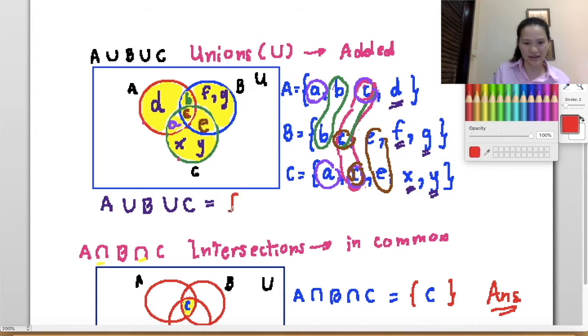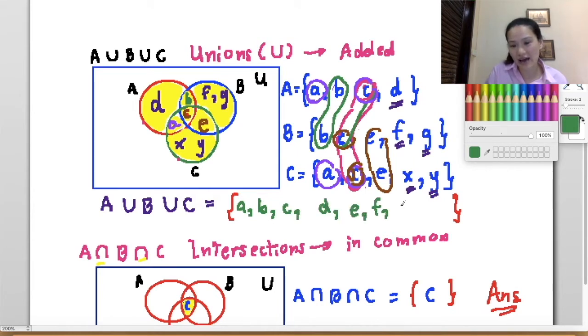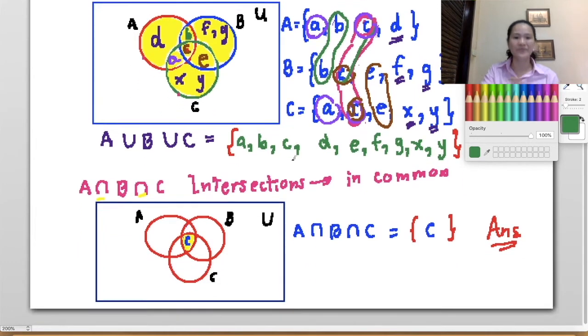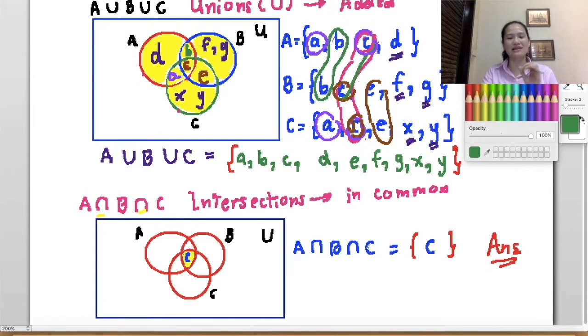So your answer is the set of A, B, C, D, E, F, G, X, and Y. That is your answer for A union B union C, equal to the set of A, B, C, D, E, F, G, X, and Y. And the answer for A intersect B intersect C equals the set of C. And this one is your answer.